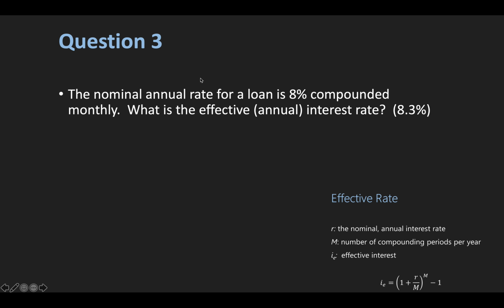We have an annual rate but compounded monthly, so R here will be 8%, and M here is going to be 12. Then use this equation and you should be able to calculate it. Maybe try it and see if you get the right number, or you can pause the video and take a few minutes.